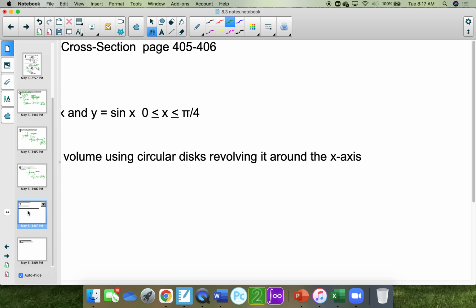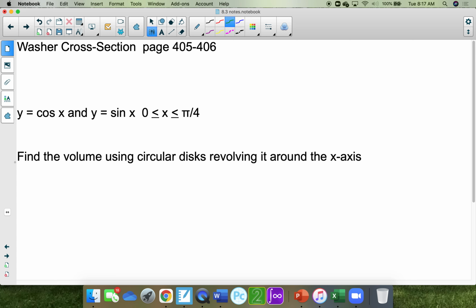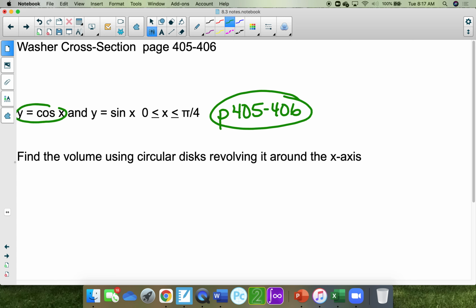Okay, a couple more. Now this is the change. This is the washer cross section. Again, if you want to see a nice picture of this one, it's on page 405 and 406. I don't do it justice, but you're graphing both of these.